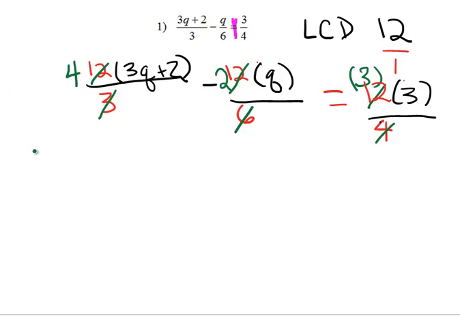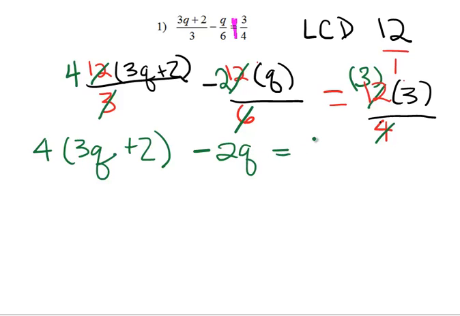And now I'll end up with no denominators, and I'll have 4 times (3q plus 2) minus 2q equals 9.